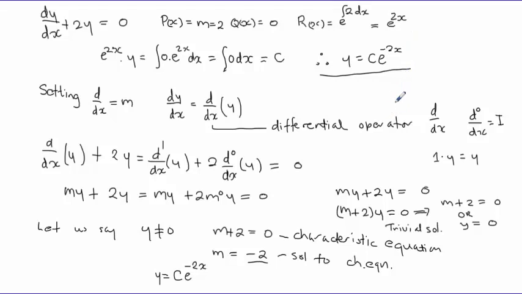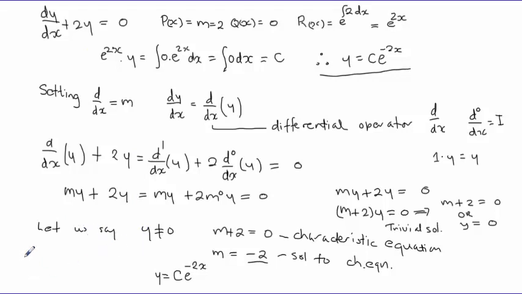In short, what I'm trying to show you here is that to arrive at this solution, we can have two approaches. One, we take the equation as it is here, we identify a differential operator with the parameter m, like we did here, then instead of writing dy/dx, we write (m + 2)y, knowing that the differential operator of order 0 is simply the identity operator which leaves y, and that leads us to a characteristic equation like this. So the method of solving this problem translates to another approach, which is as follows.